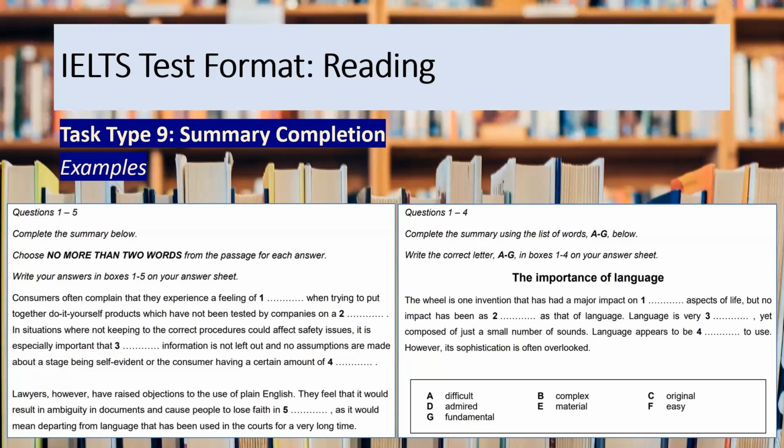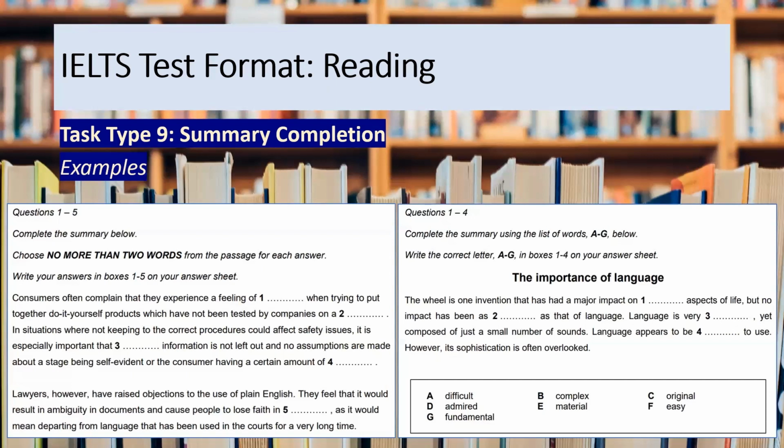Another example is on your right hand, where a word list is given. Let's see it. Question 1 to 4, complete the summary using the list of words A to G below. Write the correct letter A to G in boxes 1 to 4 on your answer sheet.